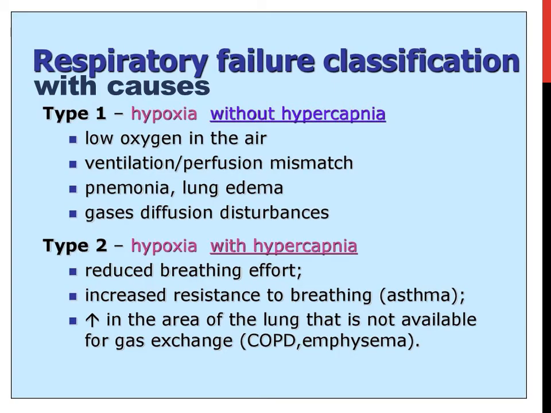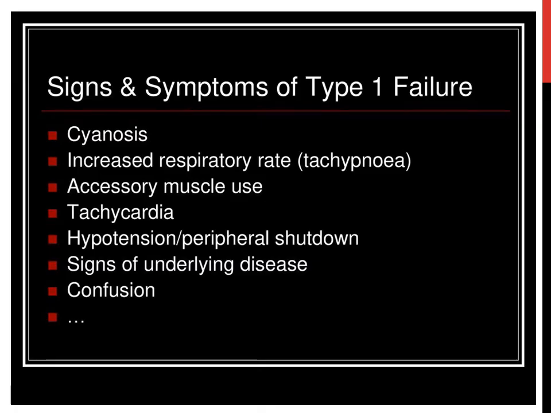Type 1 is hypoxia without hypercapnia. Type 2 is hypoxia with hypercapnia. Then we'll see the signs and symptoms of type 1 respiratory failure. If the person is facing respiratory failure due to a lung problem, the person will have symptoms such as cyanosis, increased respiratory rate, that is tachypnea.